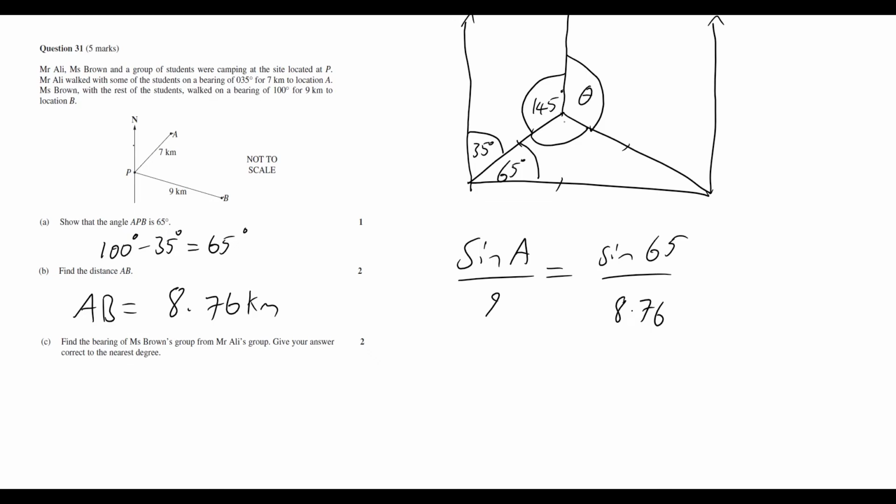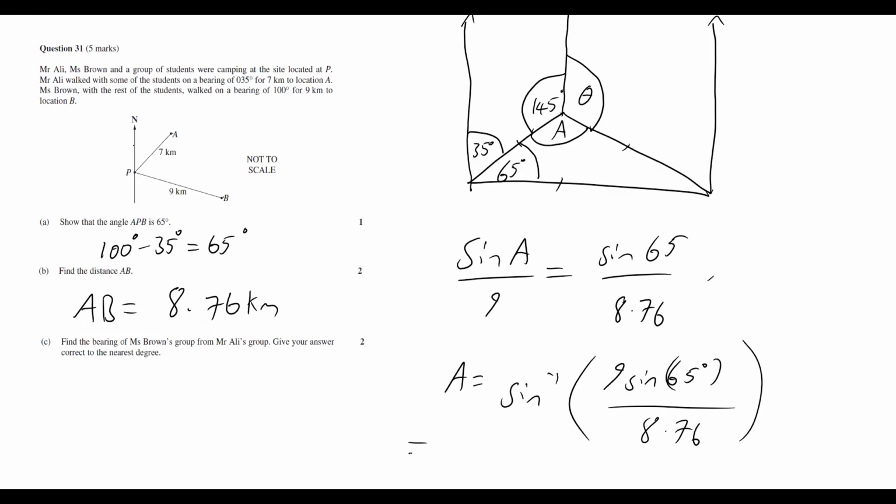Okay, so now solving for angle A, which is this part here, we find that A is going to be equal to sine inverse of 9 times sine 65, all divided by 8.76. Or in other words, A is approximately equal to 69 degrees.